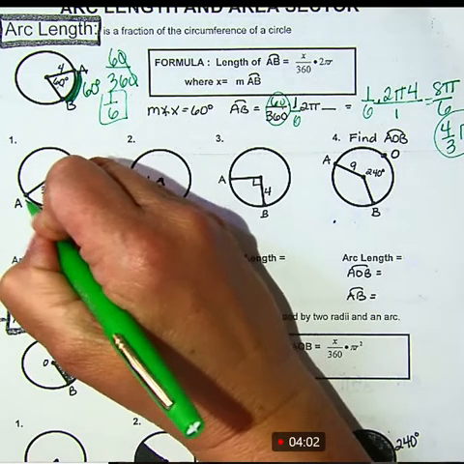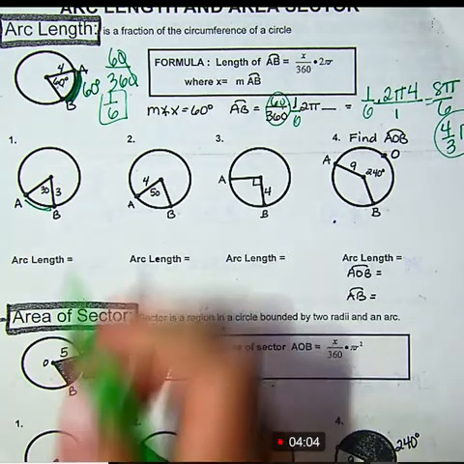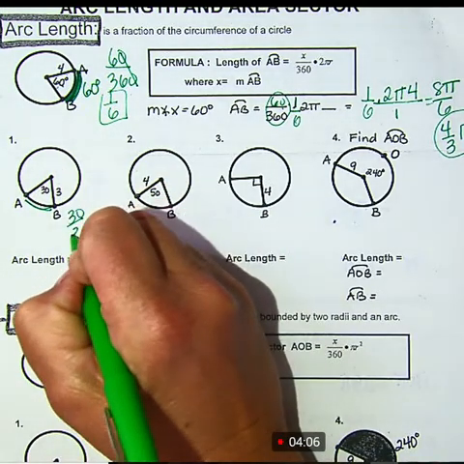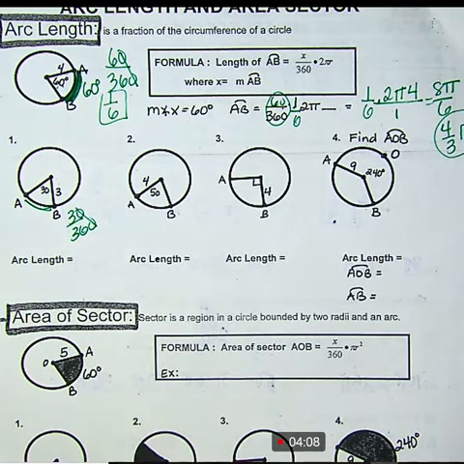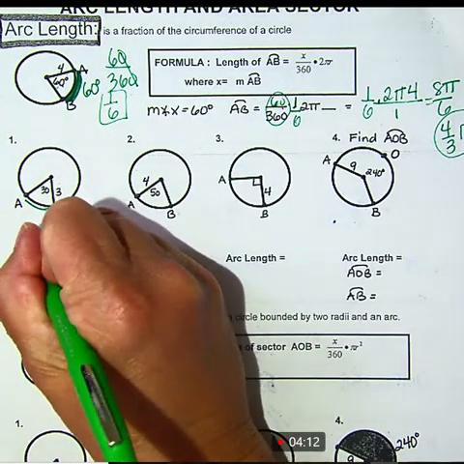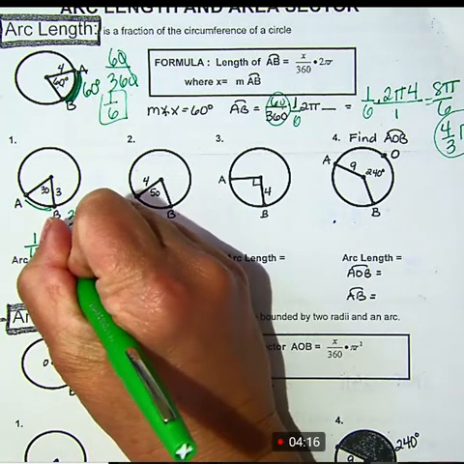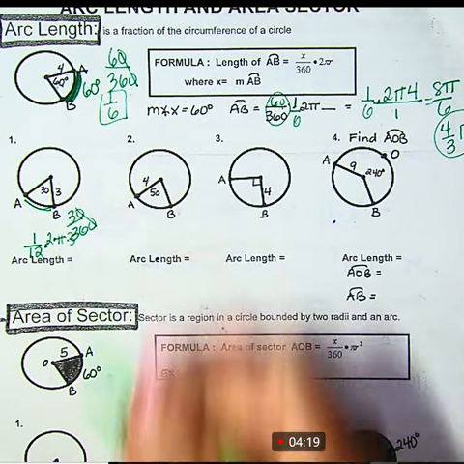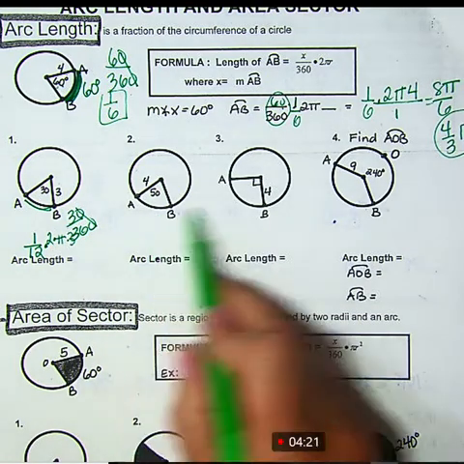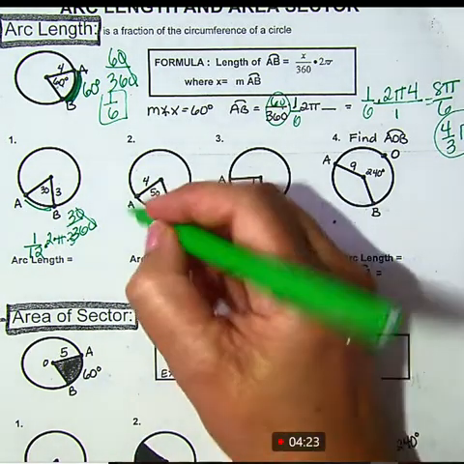Down here, same. My proportion is 30 over 360. Let's find our fraction. 3 and 36 reduces to 1/12. So my fraction is 1/12 times 2 times pi times 3. I'm going to go find all my fractions in these because I think it's easier to do it at once.